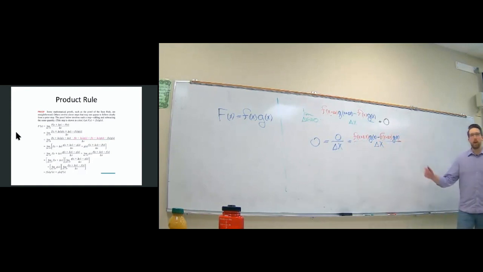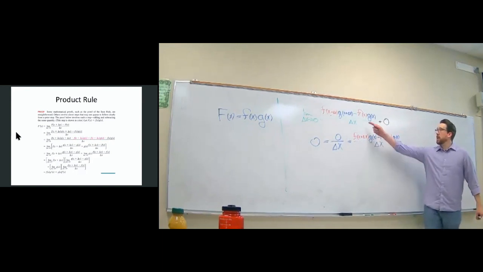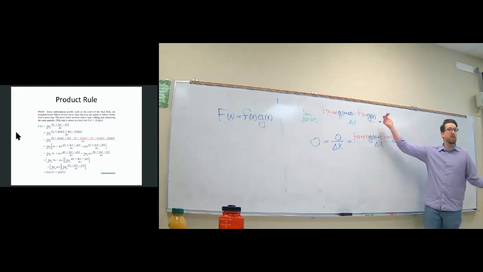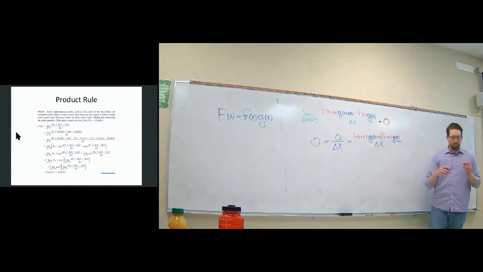This is still 0, right? Just representing it in a very particular way. So we're going to add this term into here. So it doesn't change anything. That's what we're doing right here. That's what this whole thing is about.